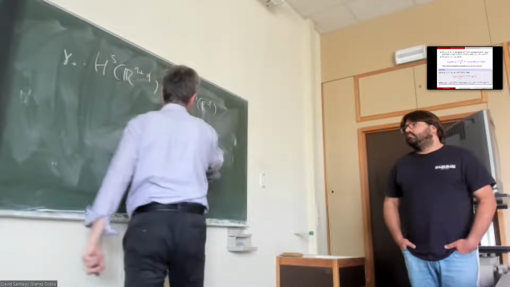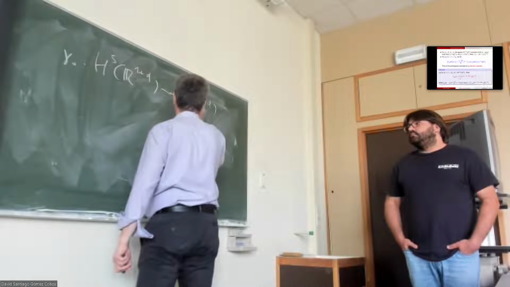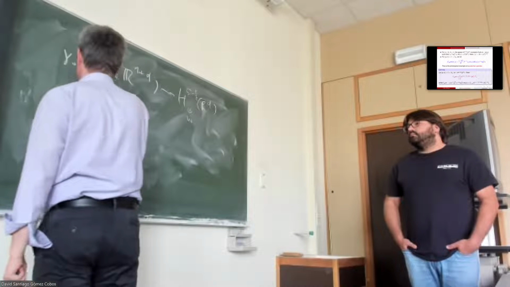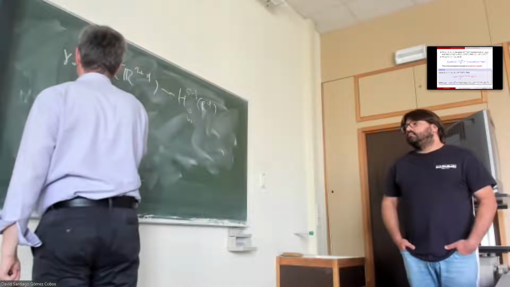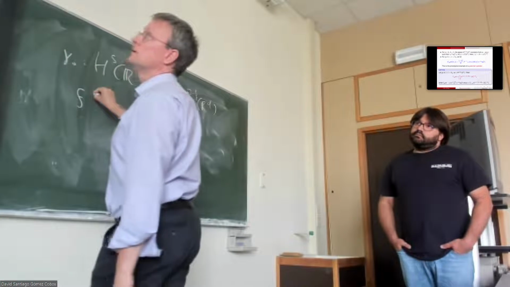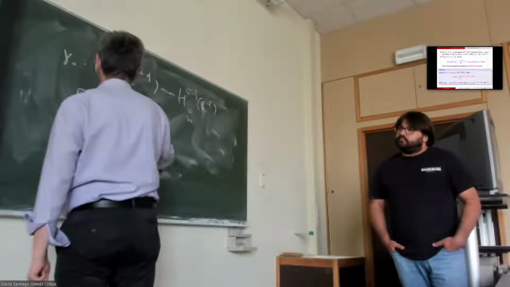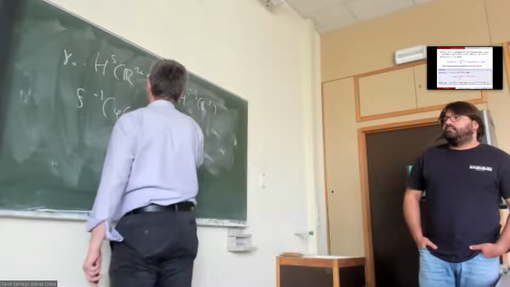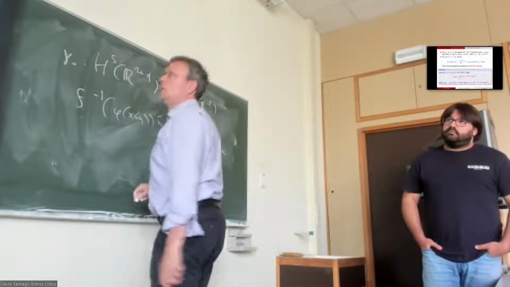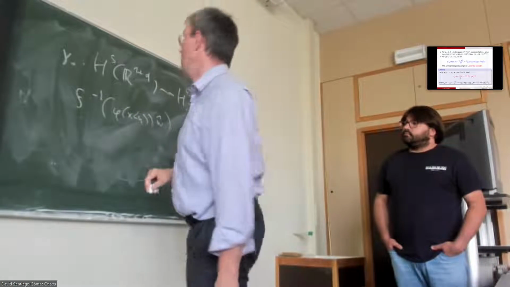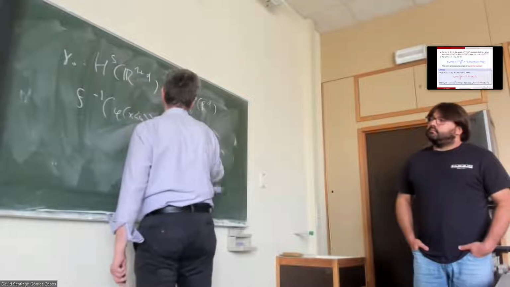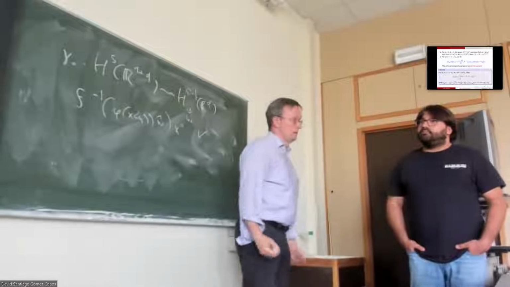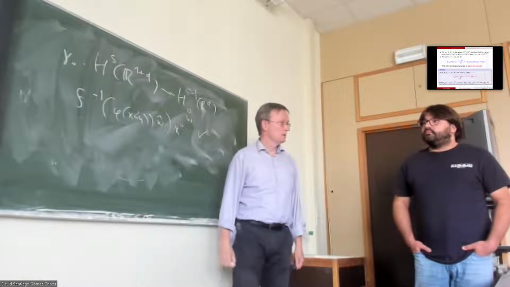You take a w here, and you do exactly what is written there. So you take f, and then f of x times w, and nothing more. It's exactly the same operator.